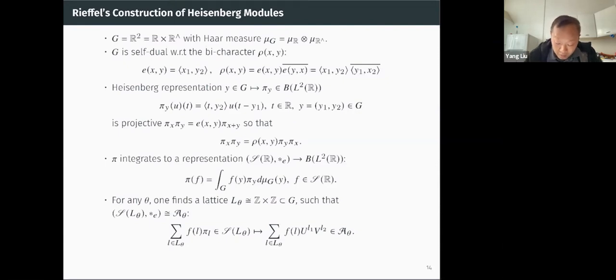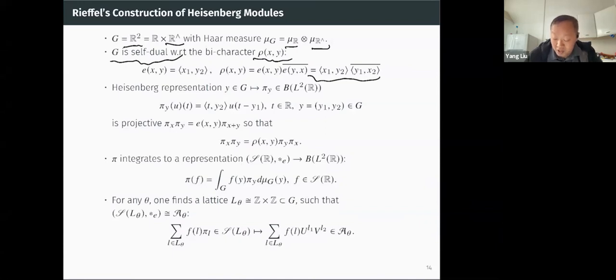To do that, let me review another construction of the non-commutative torus, which relates to the so-called Heisenberg representation. You think of G as R cross R, two copies of R, where the second copy is viewed as the Pontryagin dual of R. Now you put the Lebesgue measure and the corresponding Plancherel measure on it, so that G becomes self-dual, with a bi-character rho defined in this way.